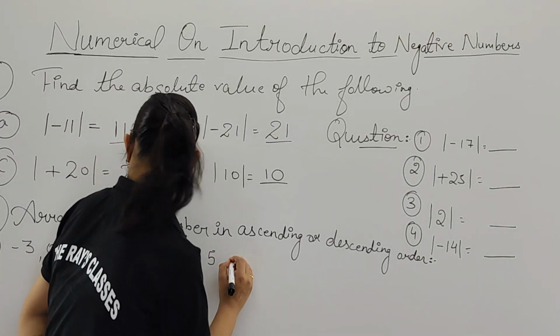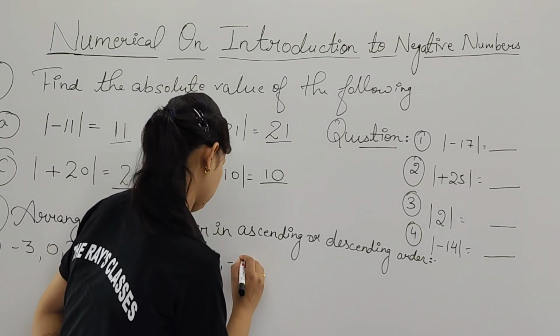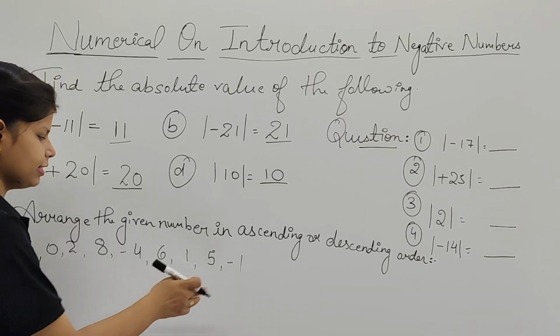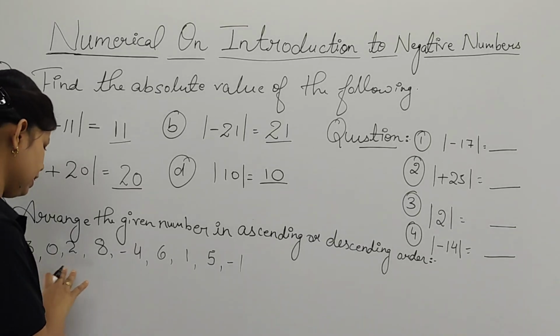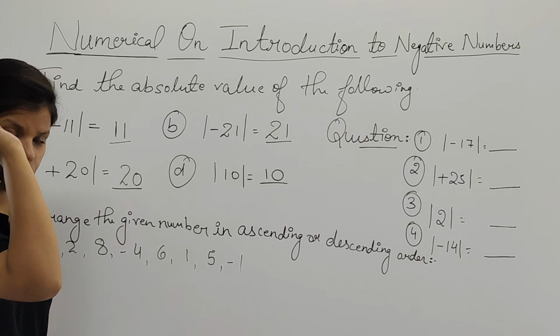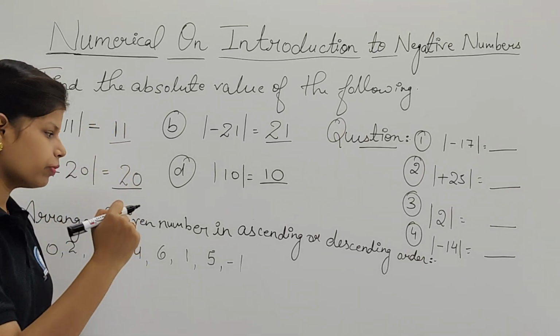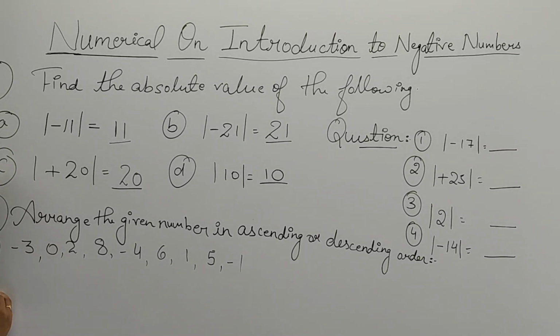Let's write one more negative, that will be minus 1. This series is a combination of positive as well as negative integers. Understood, no? Here we are going to arrange the numbers, first of all, in ascending order. Understood, children? So, first we are going to write like this, ascending order.